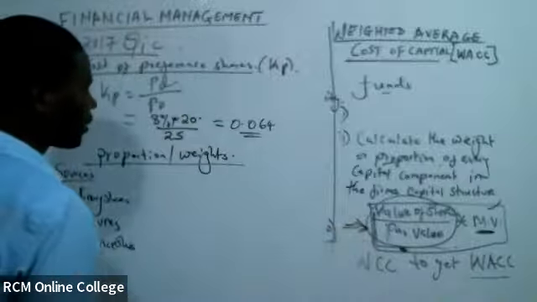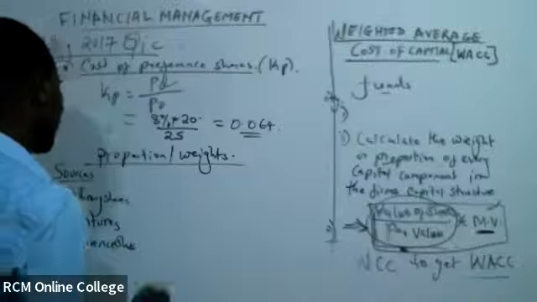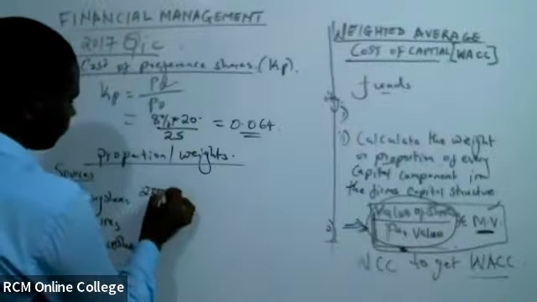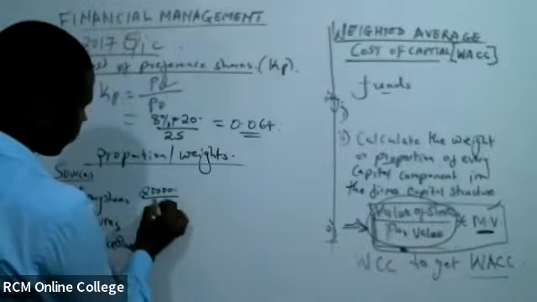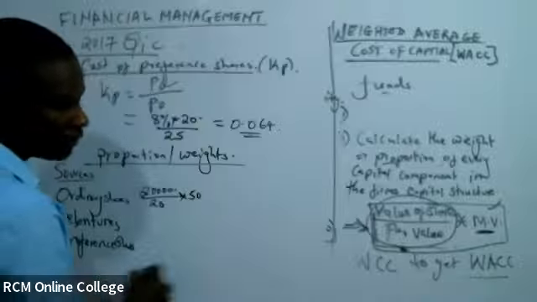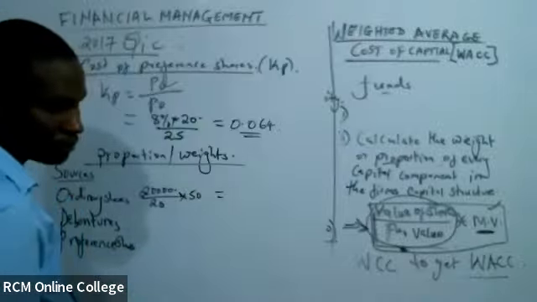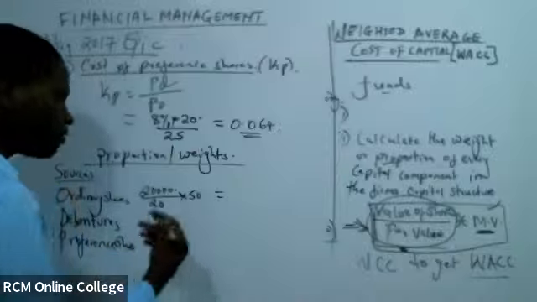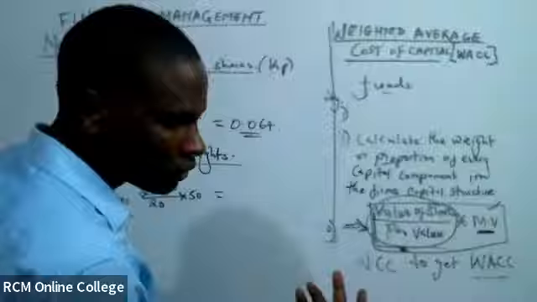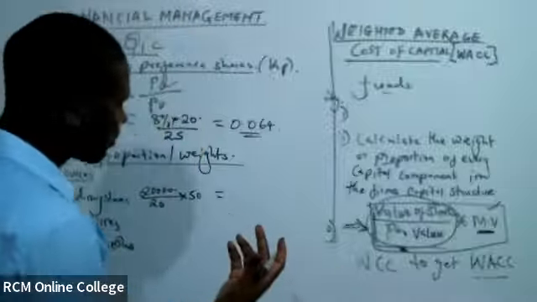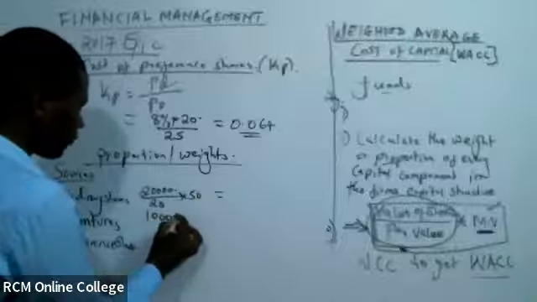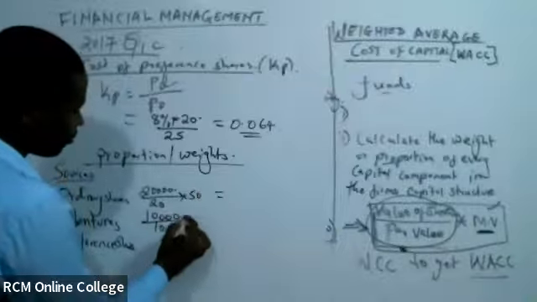So let's apply that. What is the value of ordinary share? 20,000, divide by par, which is 20, times market value, which is 50. Sawa. Tuende kwa ingine, debenture. What is the value of debenture? 10,000, divide by 100 times 110.